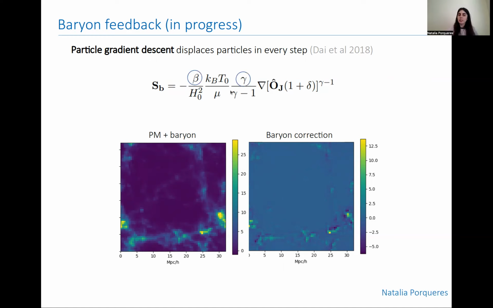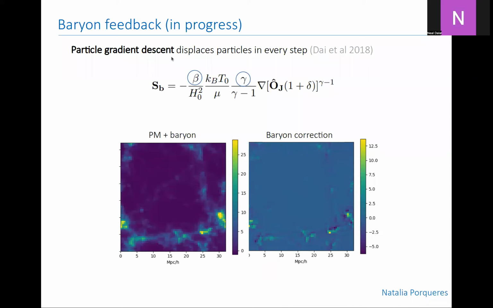The parameters that we sample are beta, which controls the amplitude of the baryon feedback, and gamma, which is connected to the equation of state of the gas. These are the 2 parameters that we sample, and this is basically the Dayan-Selyak model, which is basically a particle gradient descent. The idea is that gravity is a minimization problem, so we can just use gradient descent to approximate these effects.